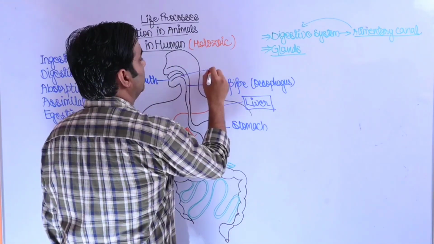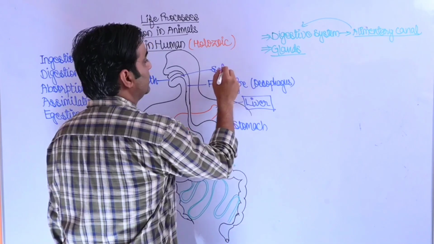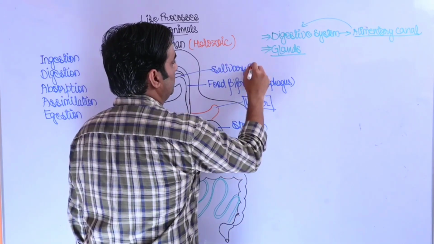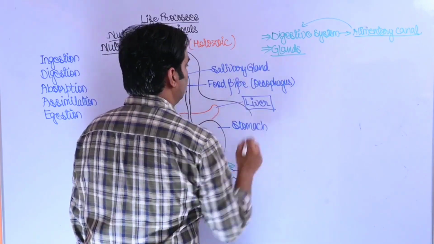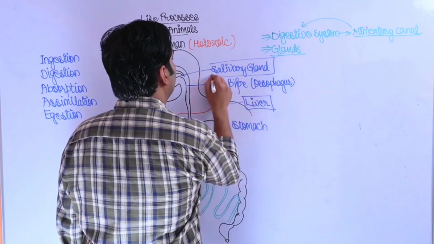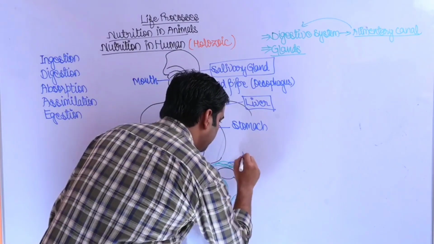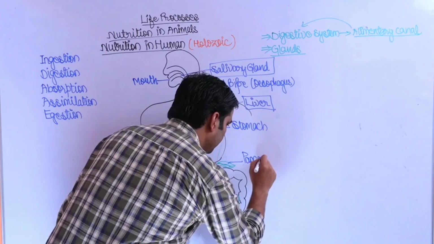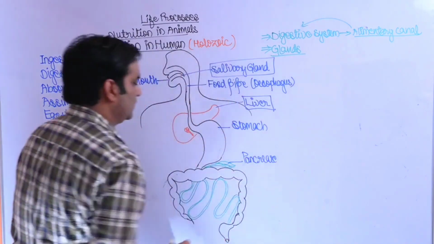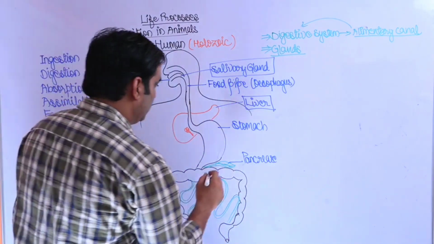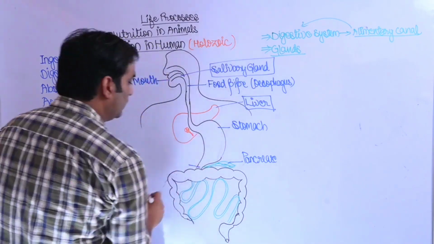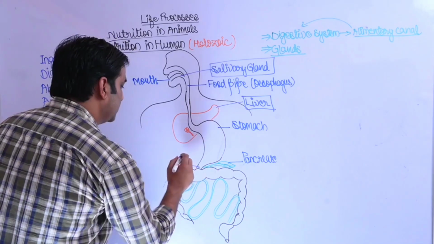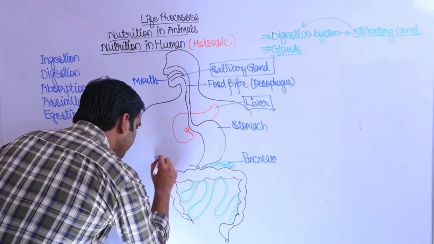Here the salivary glands are present, the parotid glands. This is also a gland. Here it is the pancreas. This is the opening of the small intestine and the ending of the stomach. It is called the duodenum.